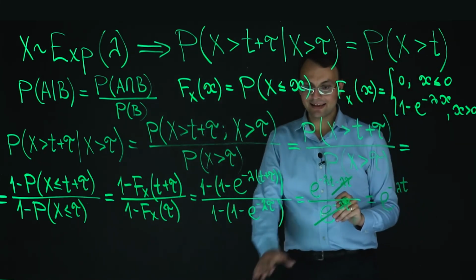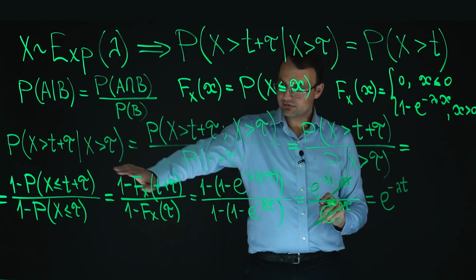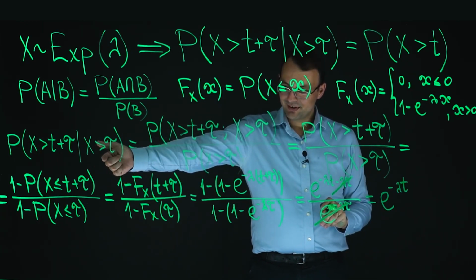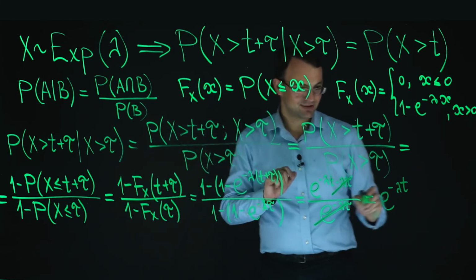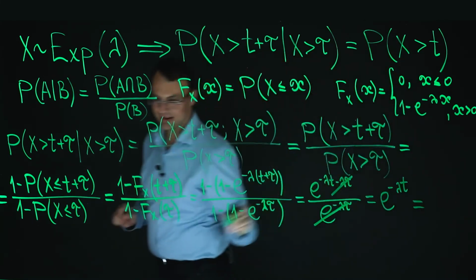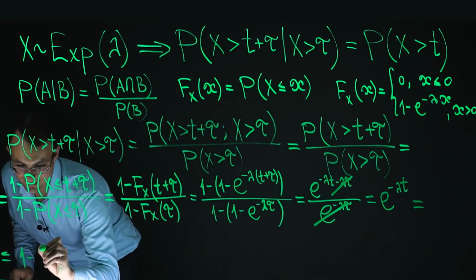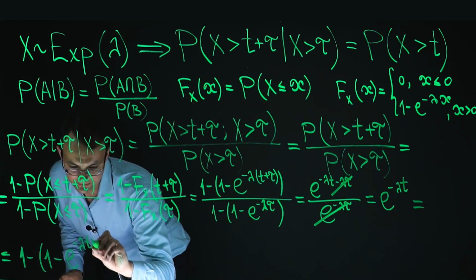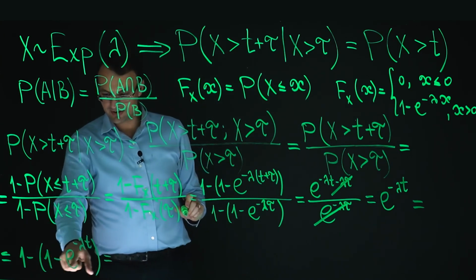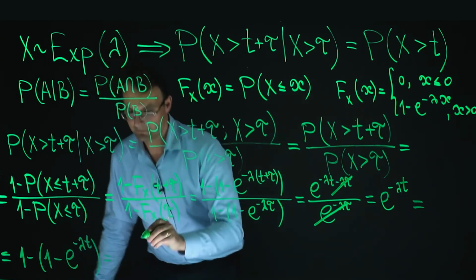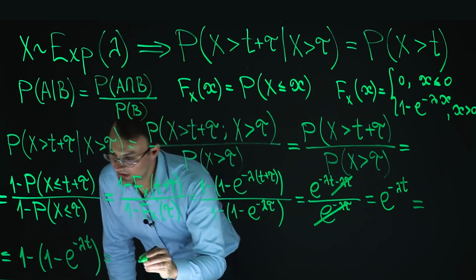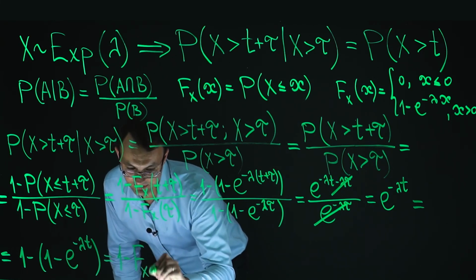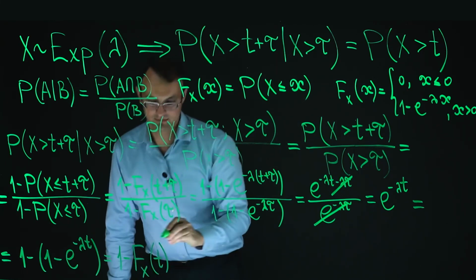And now I do the operations I have already done, but not from left to right, but from right to left. So I say that this is 1 minus e to the power of minus lambda t. Then I say that this is F of t. So 1 minus F of t.